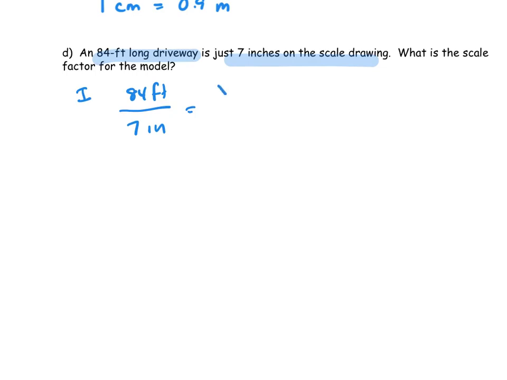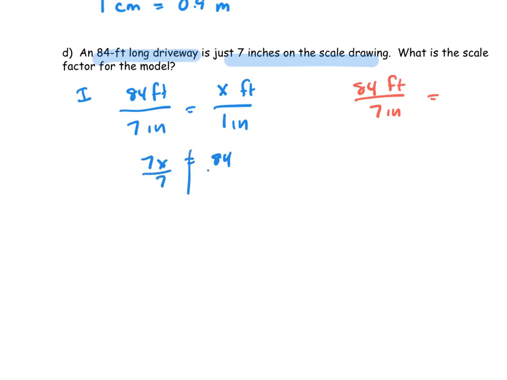If you're a proportion builder, we're trying to figure out how many feet for 1 inch. If you're not, you're just going to go directly to dividing the feet by the inches to get the scale. So when I cross multiply, I'm going to get 7x equals 84.